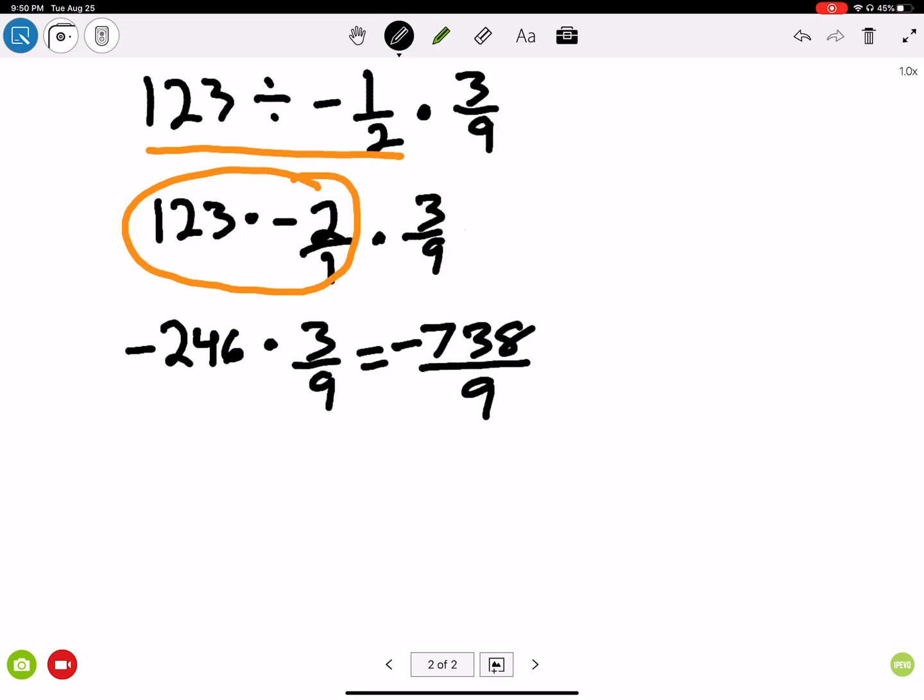And in fact, if you want to go a step further, you can reduce this. These are actually both divisible by 9. Okay, and this gives me negative 82. Okay, because 738 divided by 9 is 82, and since it's a negative over a positive, I get negative 82. And this is my answer to the original problem.